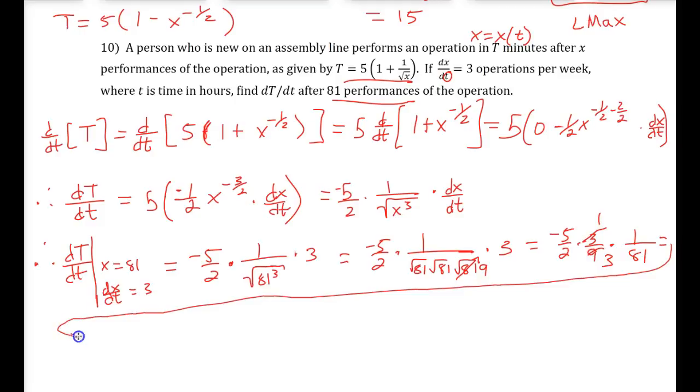And we'll come over here, and this will be negative 5/2 times 1 over, and we'll just say 3 times 81. Well, actually, let's make it a little bit more simple on ourselves. We'll just say 2 times 3 is 6.